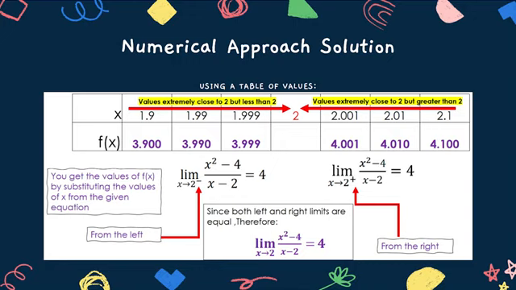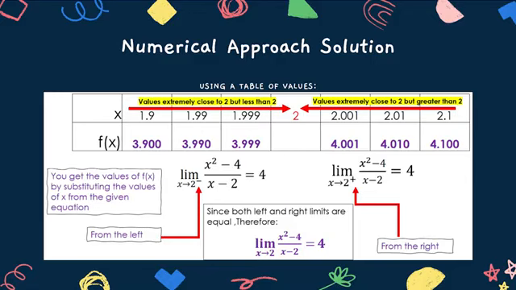So first you have that 2 already, and then using the equation given in the example, x squared minus 4 all over x minus 2, you plug in the values of x. For 1.9, for instance, you put 1.9 squared minus 4 all over 1.9 minus 2, and when you compute that, it results to 3.900, rounded off to at least 3 places, or depending on the instructions of the course instructor.